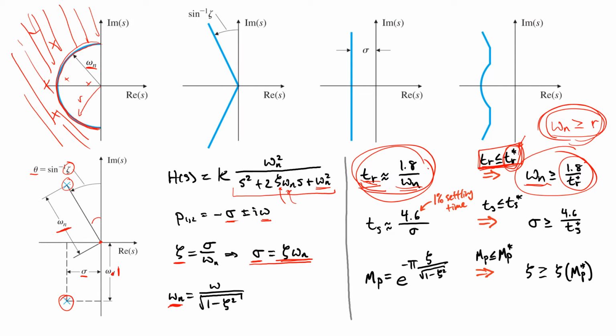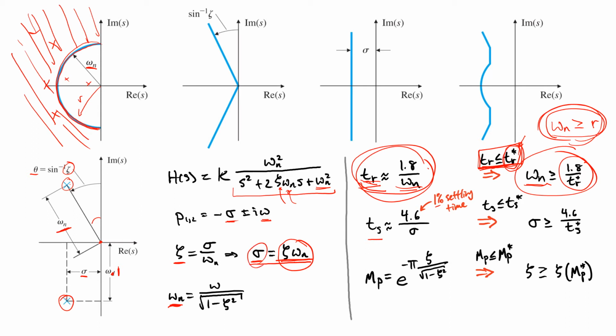So when we take a look at another of our time domain specifications, we can take a look at our settling time. Here I've just chosen 1% settling time. So that's going to be 4.6 divided by, we've written it as zeta times omega n, but we've just reminded ourselves that this is actually the same thing as the real value.